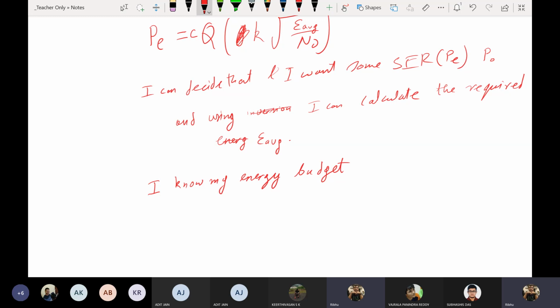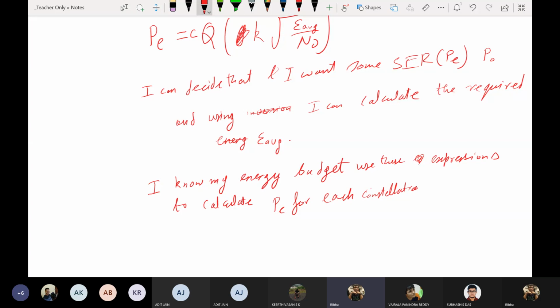Then what I will do is use these expressions or use the BER expressions, calculate the SER or P for each constellation for the given energy budget.